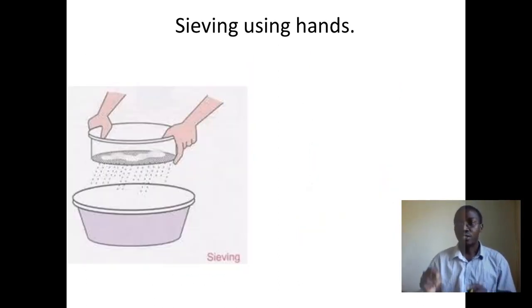If sieving is done by the use of hands, the representative sand sample is placed on a single sieve, starting with one having the larger apertures or the bigger holes, say sieve 10 millimeter.